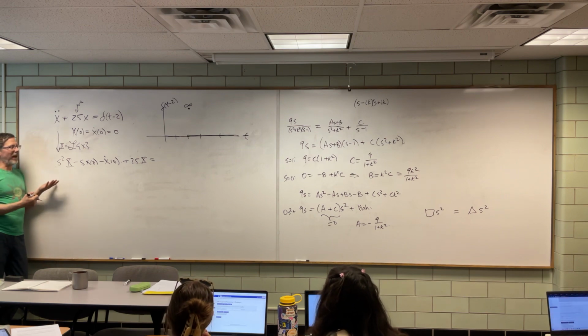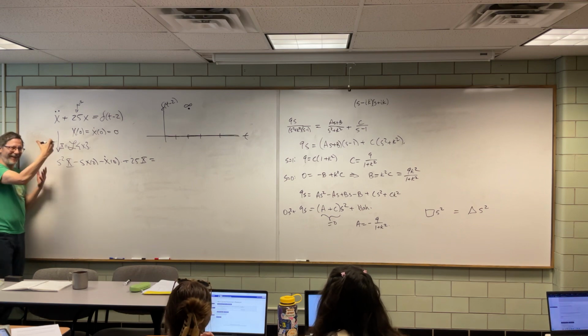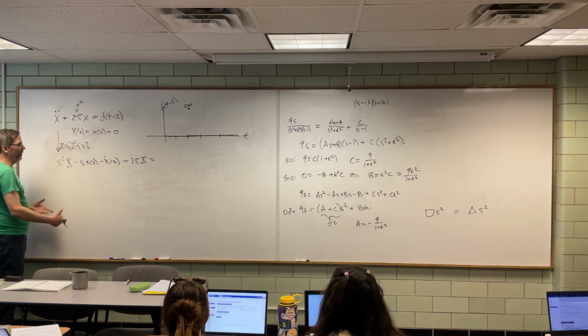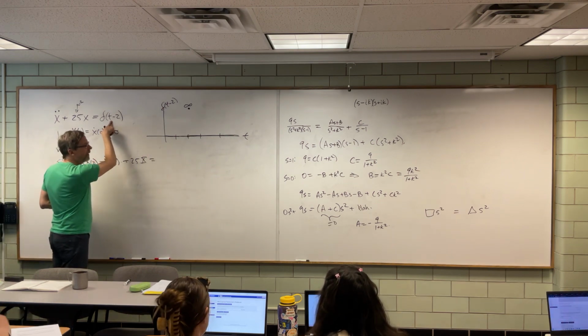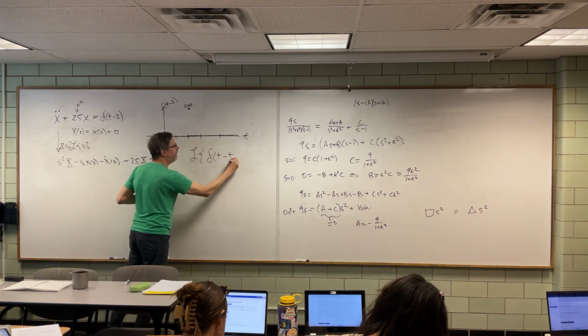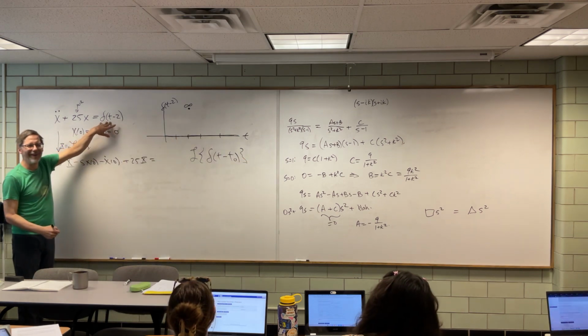And this is one of those things, I either know that this has to happen or I have to go look it up, right? You can't look at that and go, perfect, if you've never seen Laplace transforms. What's the Laplace transform of this thing?